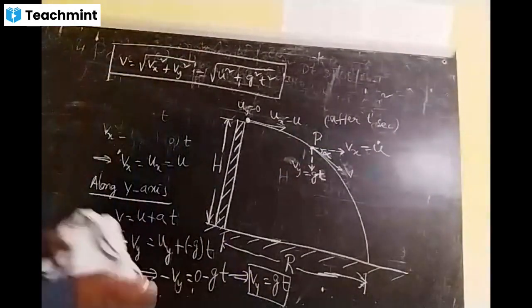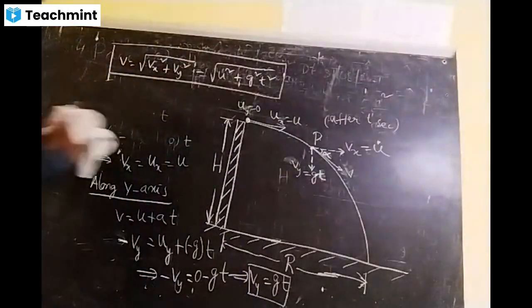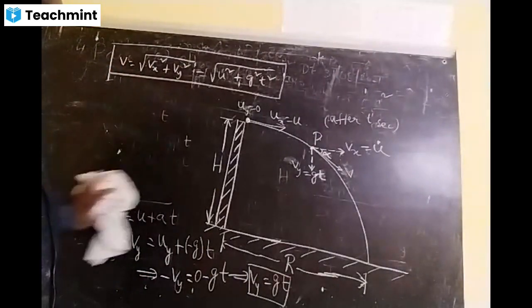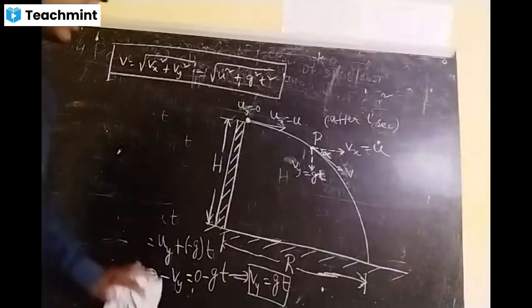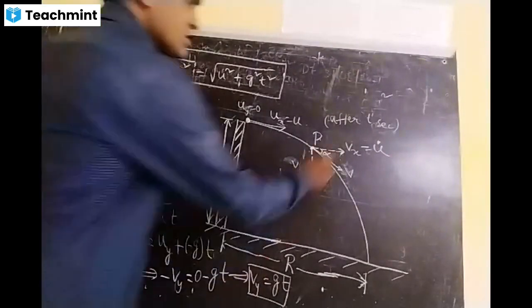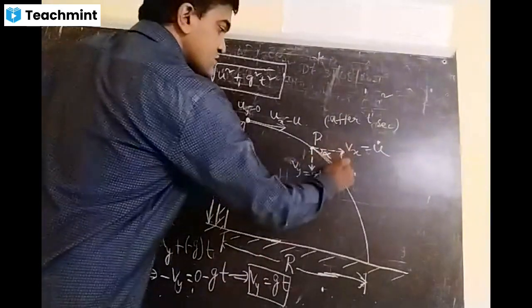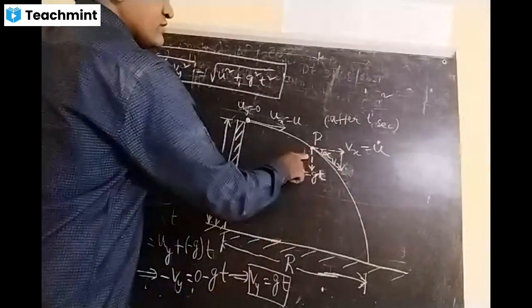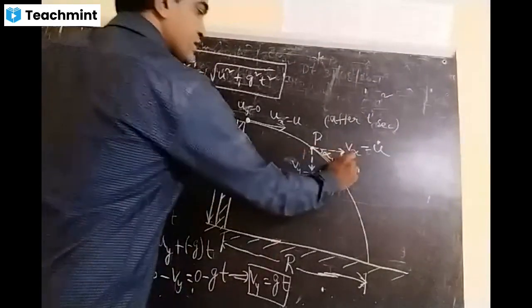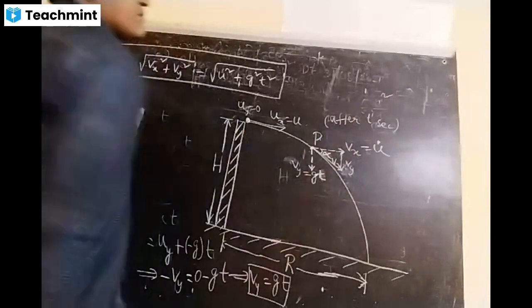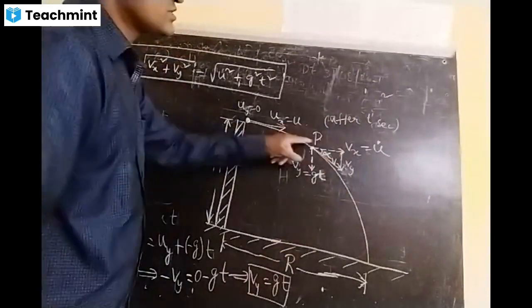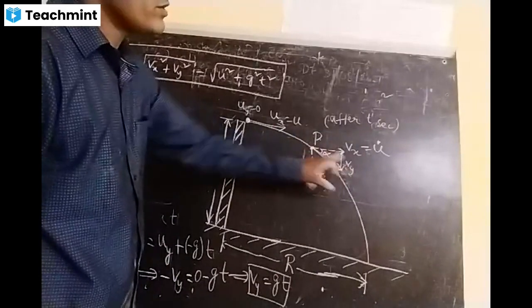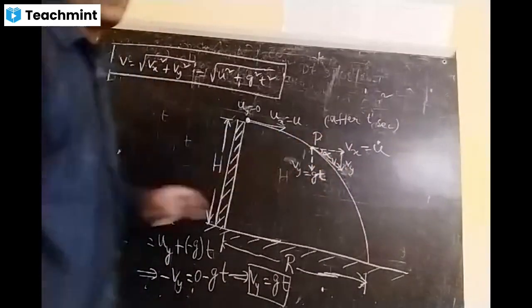For alpha, what is the opposite side? This is V, and this one is Vy. Alpha's opposite side is Vy, and alpha's adjacent side is Vx.